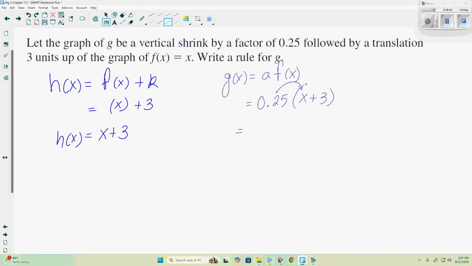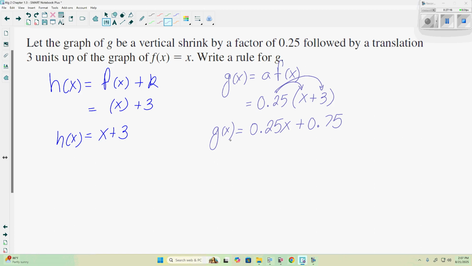So we'd multiply the 0.25 times x, 0.25x, yes? Well, that's the same as the one we just did before, yes? But I also have to multiply that 0.25 by the 3, which gives me plus 0.75. Are these two the same equation? No.